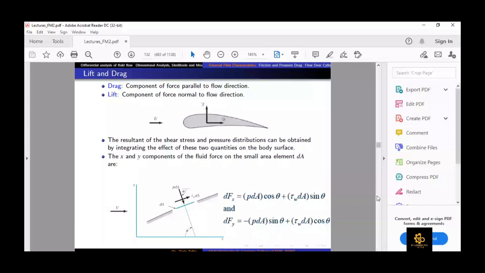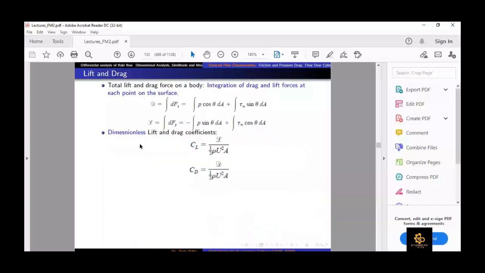And then we can represent these two forces in terms of non-dimensional terms like Cl, which is the coefficient of lift, and Cd, which is the coefficient of drag. Both are dimensionless properties, and we define them because we want to express how much drag or lift there would be depending upon the shape of the geometry rather than the area.